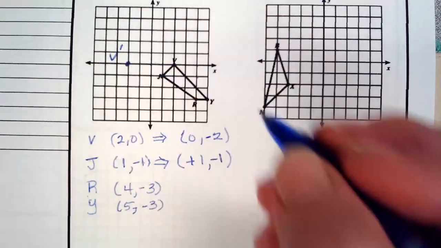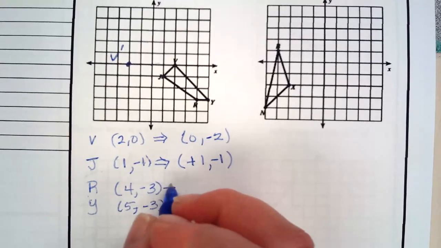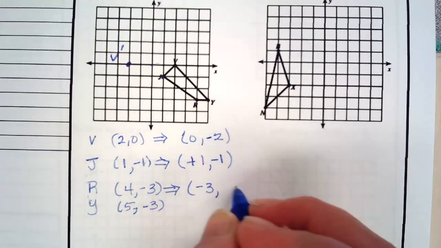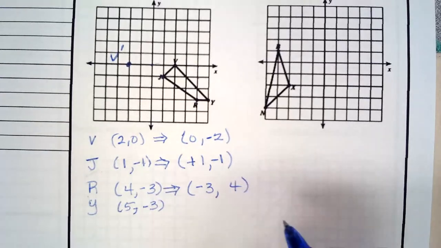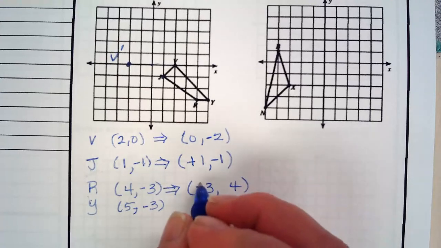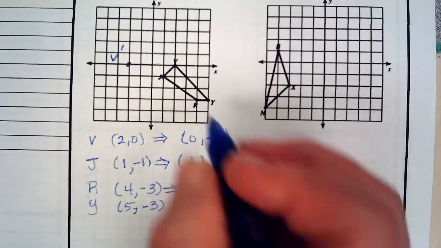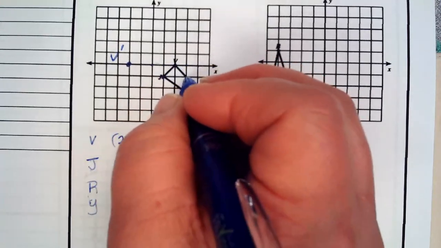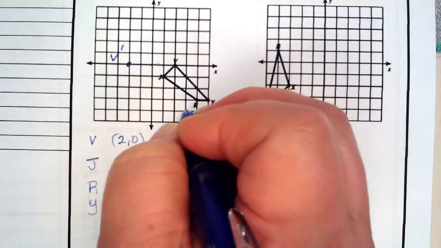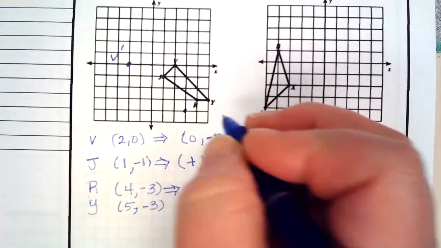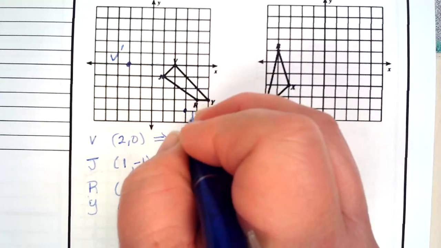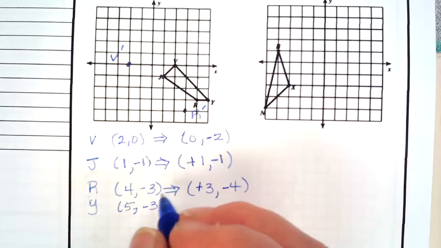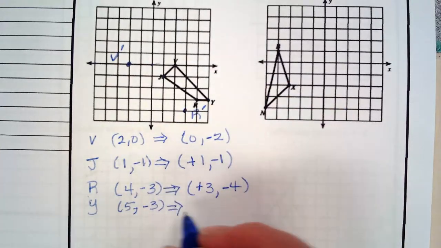So J and J prime are the same. Switch them around. -3, +4. Change them to their opposites. +3, -4. And this is R prime. And finally, the 5, 3 is mapped to.